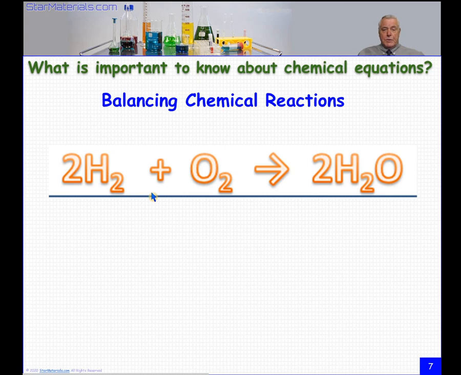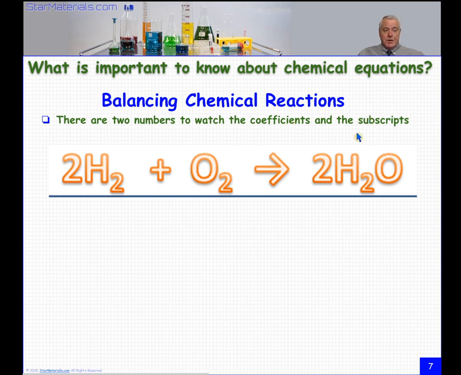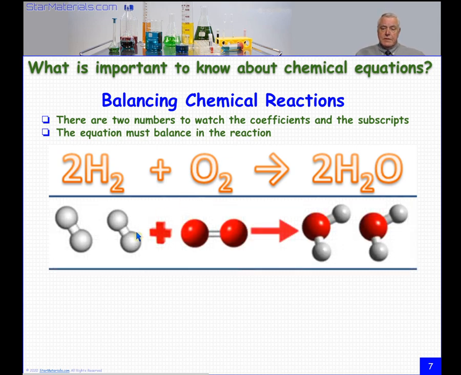Balancing chemical equations. There are 2 numbers to watch, the coefficients and the subscripts. What you start with has to be what you end with after this reaction. The equation must balance in the reaction. So let's look at what we have here.